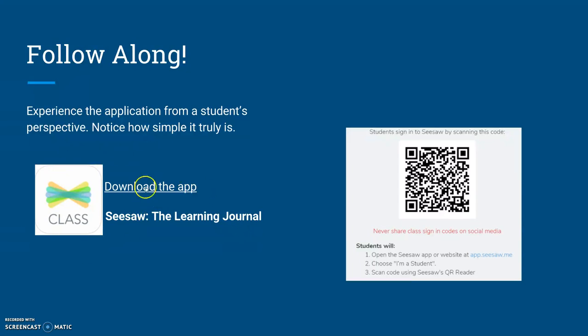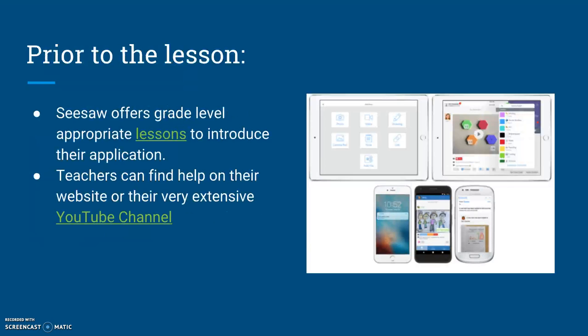You want to download the app where it'll say class, and that's the version that you would have as a student. And then you could scan this QR code here on the right, and then you would join my class. So just pause the video if that's something you would like to do. You can follow along, and then you can see from the student perspective as I'm showing you what the lesson looks like from the teacher's point of view. Otherwise, let's just move on.